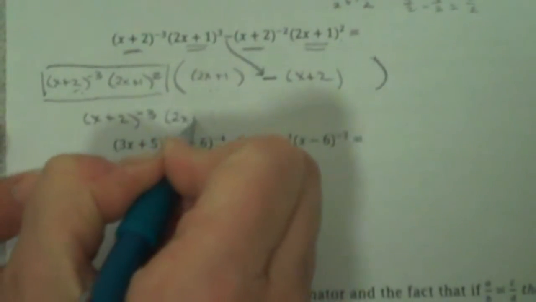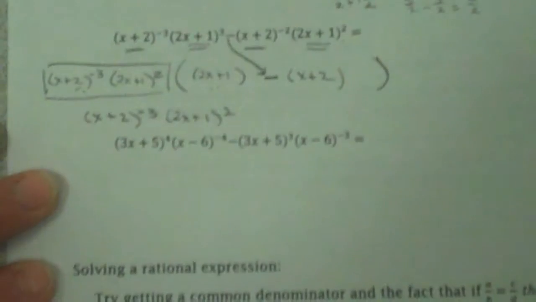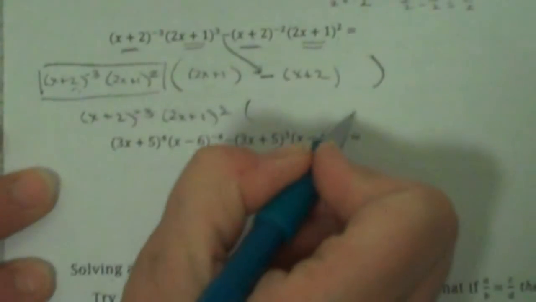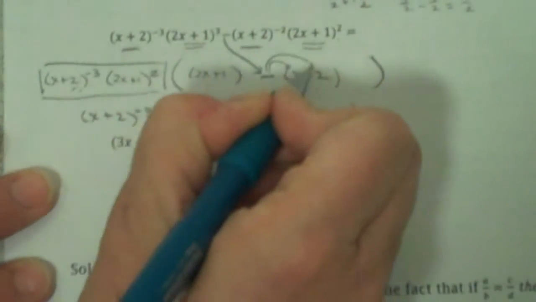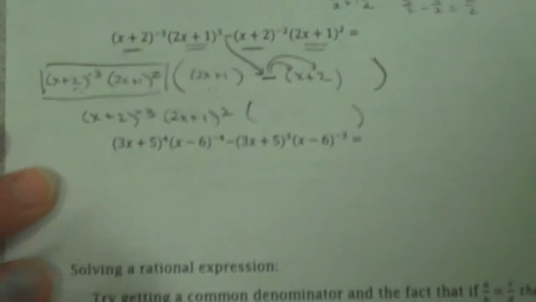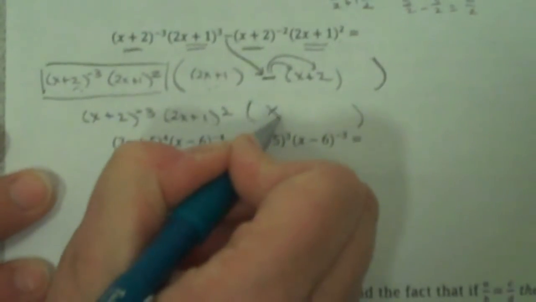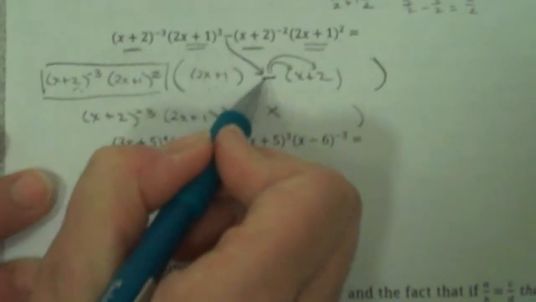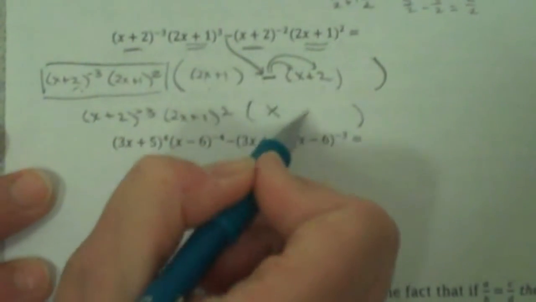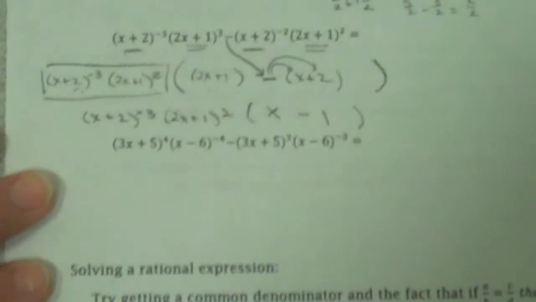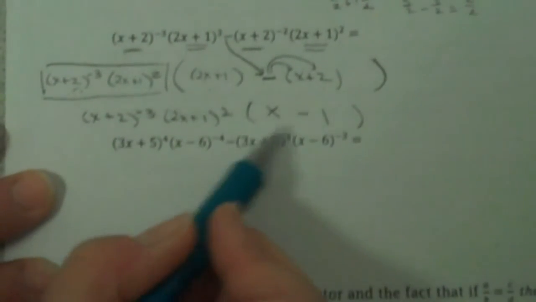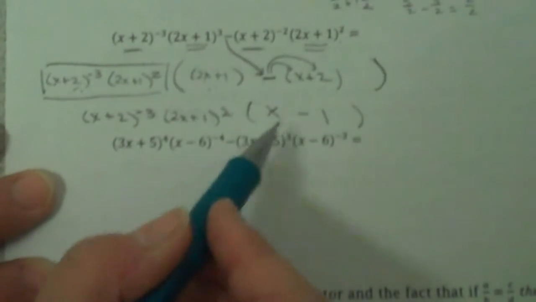I have my 2x plus 1 squared that I factored out. And now I'm going to have, when I distribute my negative, a 2x minus an x, which is x, and a 1 minus a 2, which is negative 1. So we have to distribute our negative, make sure we do that, to figure out how to simplify this.